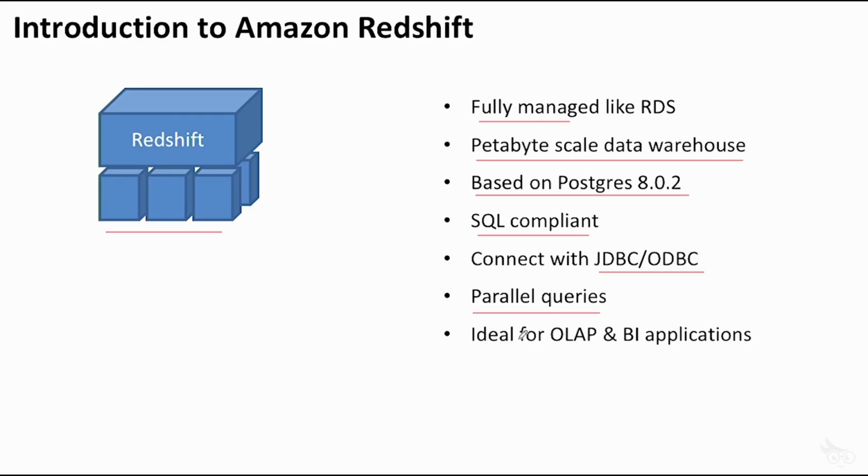So these are ideal for OLAP and BI applications. So Amazon Redshift fulfills a really interesting place within Amazon Web Services, providing analytics and business intelligence at a vast amount of scale. So again, Amazon Redshift, fully managed, just like RDS, is a petabyte scale data warehouse.